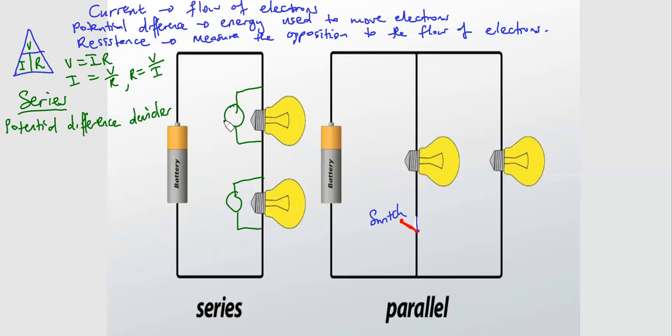We can call this one V1 and this one V2. So these two are different.